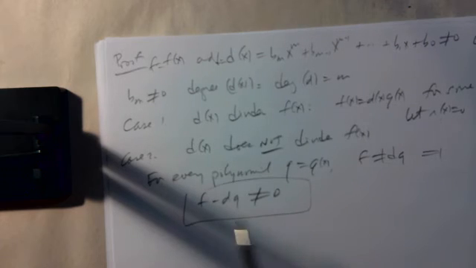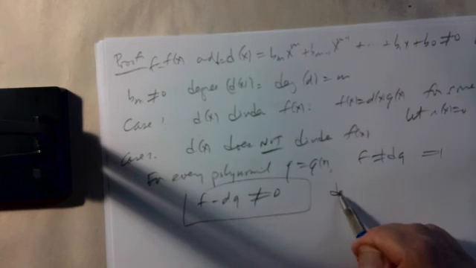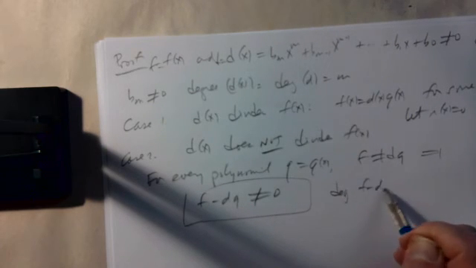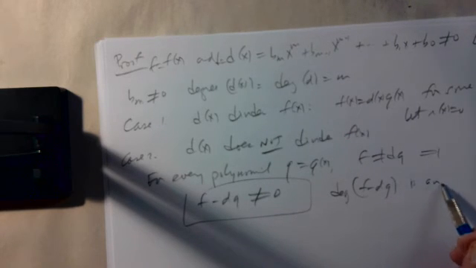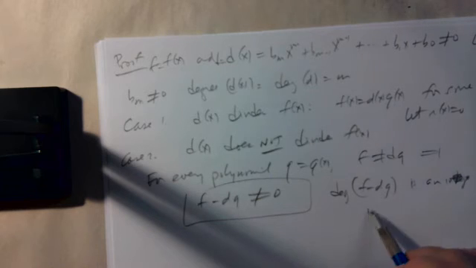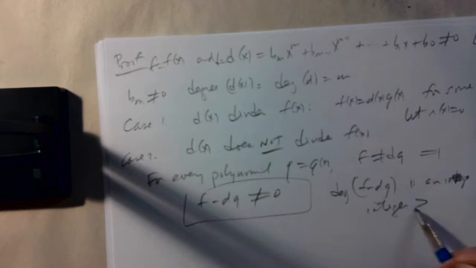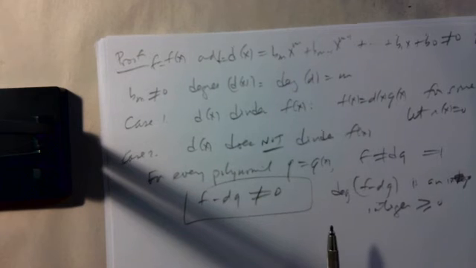So this is a non-zero polynomial. So the degree of f minus dq is a non-negative integer, greater than or equal to 0.